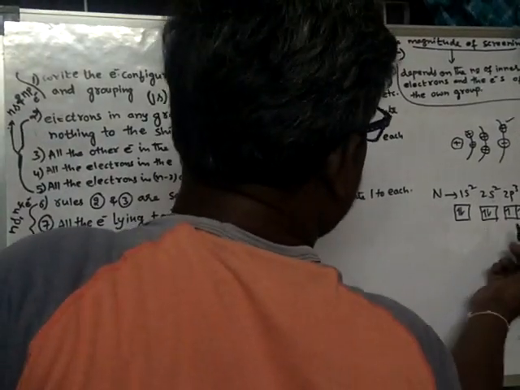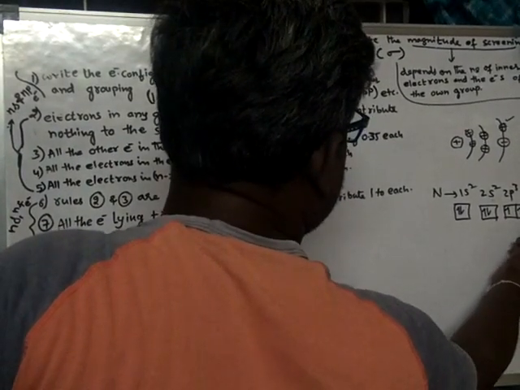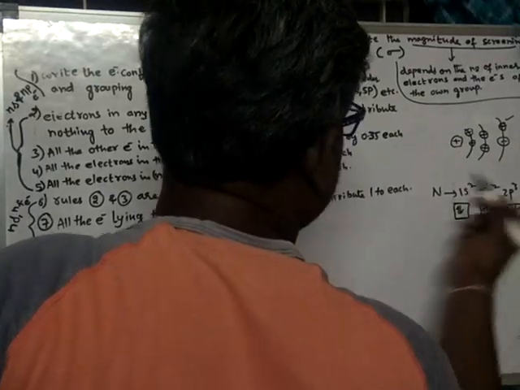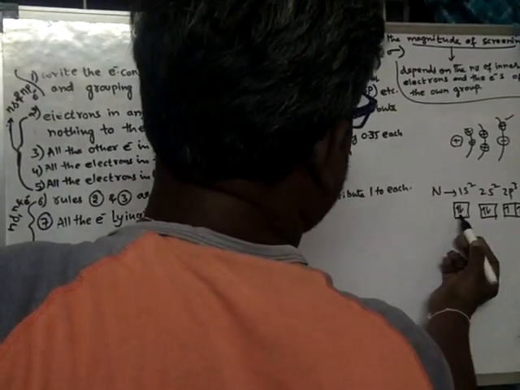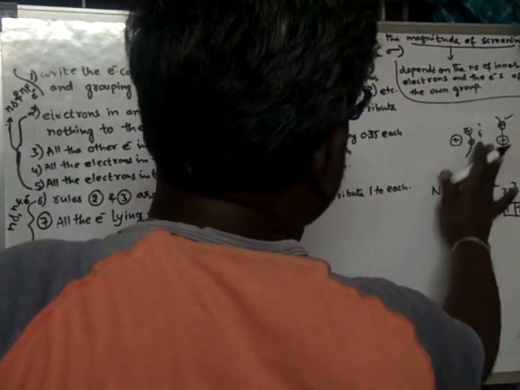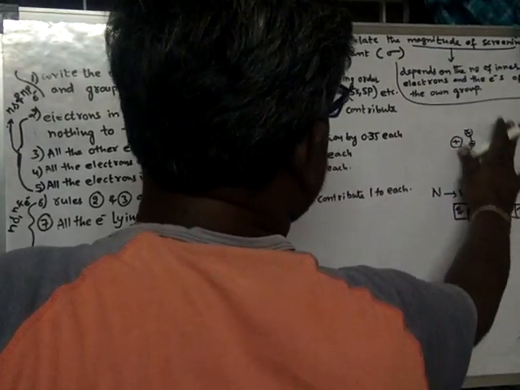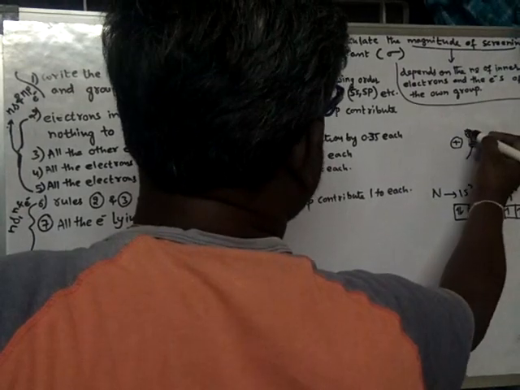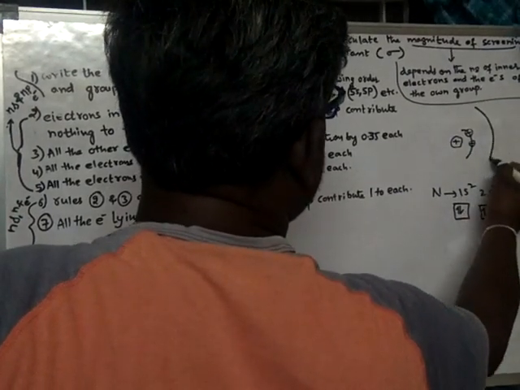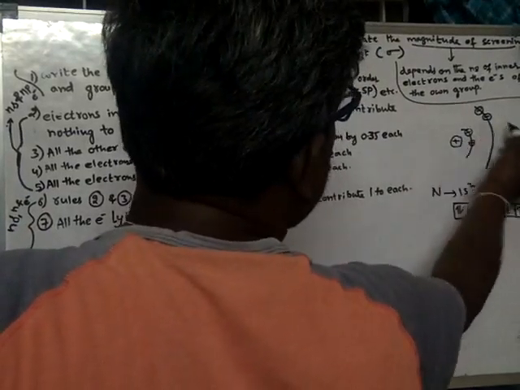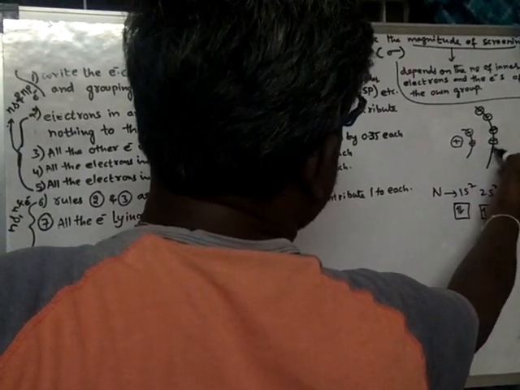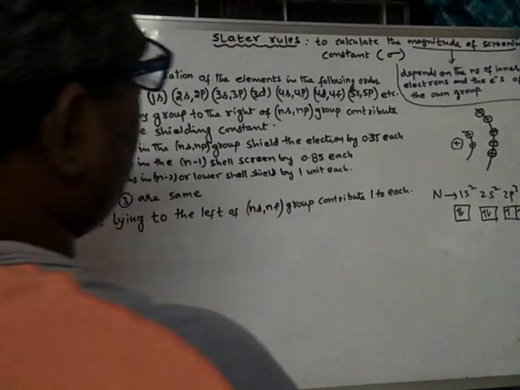Suppose we want to calculate the screening effect shown on this electron. Altogether there are 7 electrons. I am drawing those 7 electrons here: already 2 electrons are here, then 3, 4, 5, up to 7 electrons altogether.